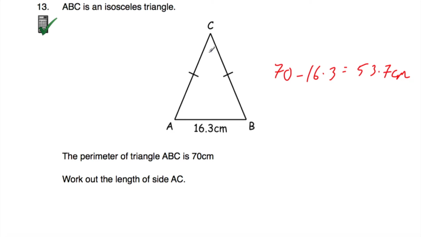Now if we know the left hand side plus the right hand side is 53.7 centimetres, if we want to find the length of one of them, AC, we just need to do 53.7 divided by 2. And when we divide by 2, that's equal to 26.85 centimetres. So that means the length of AC is 26.85 centimetres, and that's it.